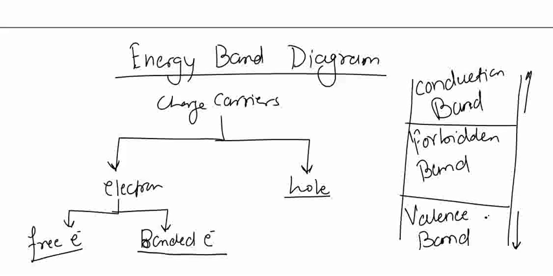If we want this electron to take part in conduction, we have to first move this electron from valence band to conduction band, means we have to break the covalent bond and make this electron a free electron.